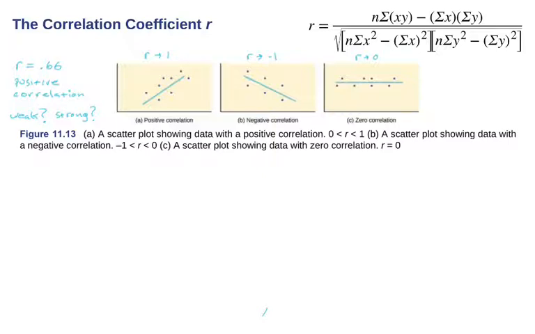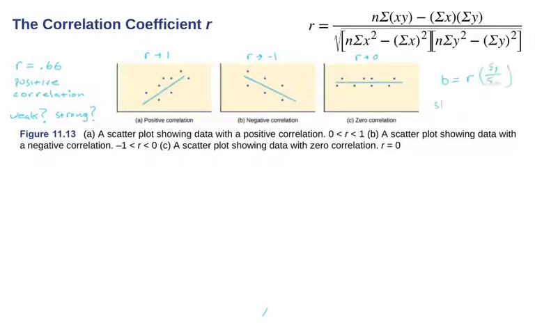But 0.66, is that strong or not? That's really the question we want to ask. And to truly answer that, we're going to need to run a hypothesis test to see if that is strong enough, okay? But for now, we're kind of just saying if it's positive or negative. We will really only say weak or strong if it's really high or really low. Somewhere in between where you're unsure of, we really got to run a test to decide that.